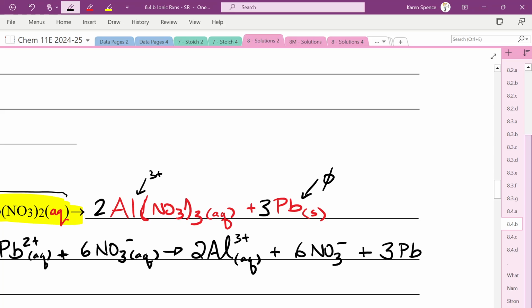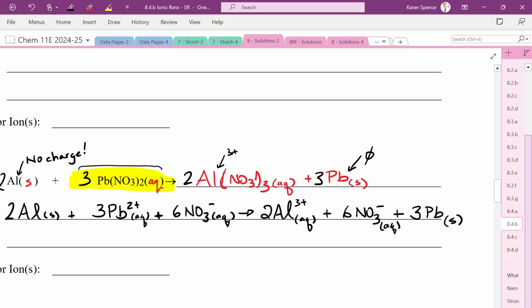And states. Lead is a solid. Okay. So there we go.